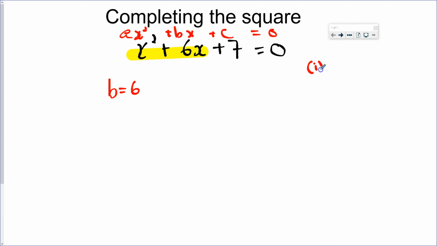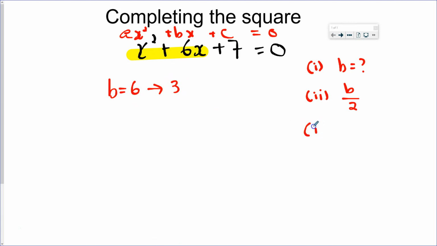First step, you have to find out what your b is. In an equation like this, whichever number is attached to your x is going to be your b. Second step, you have b divided by 2. After you pick up the 6, you just have 6 divided by 2, which gives you 3.